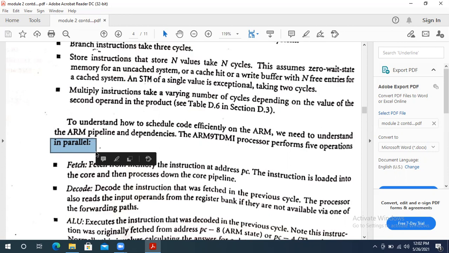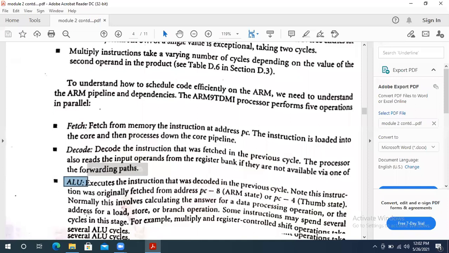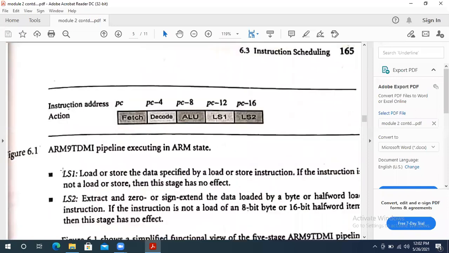So in this, to schedule any code efficiently, we have to follow the 5 operations here. We have to do the 5 operations in parallel here. So those are, the first is fetch, decode, then ALU. Next we have the LS1 and the LS2.